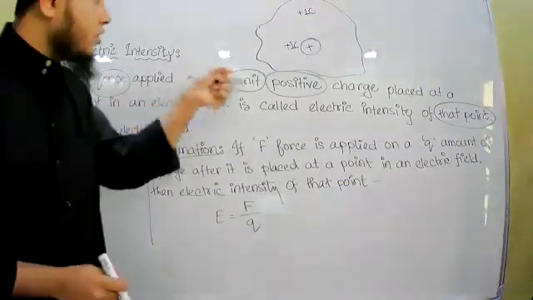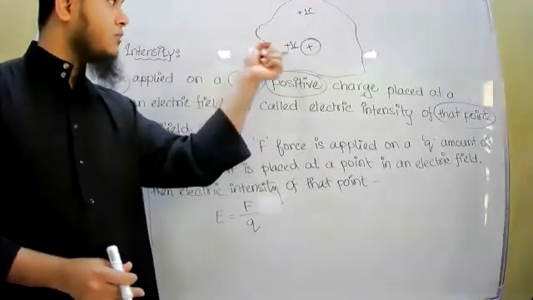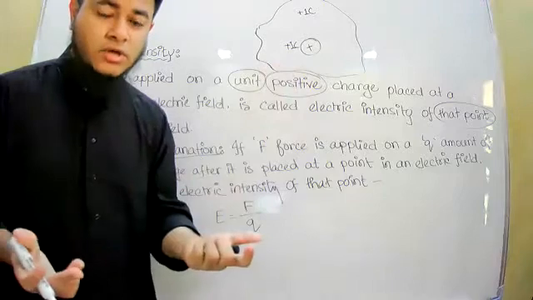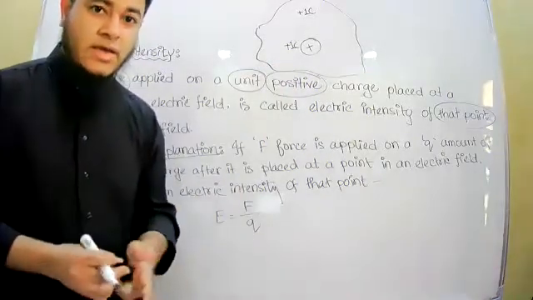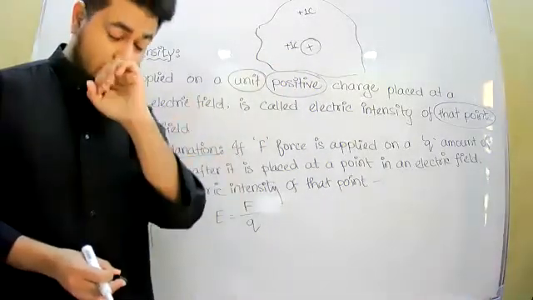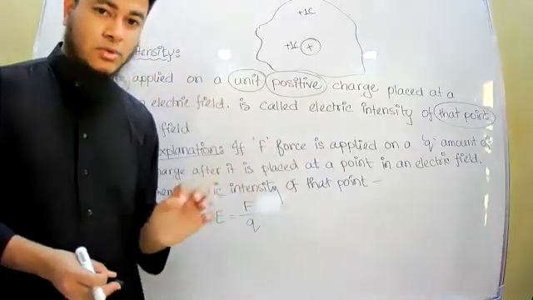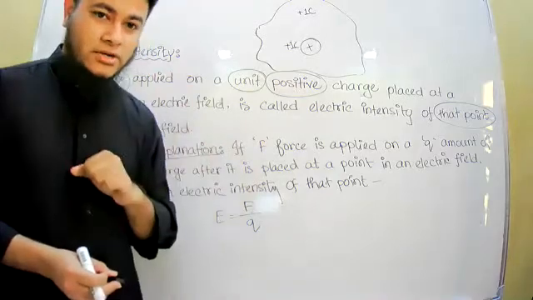So, force on unit positive charge, right? We have a unit positive charge. I place it at a different point. I get a different force. So the electric intensity is also different. That is why electric intensity is different for separate points. Different point, different electric intensity.